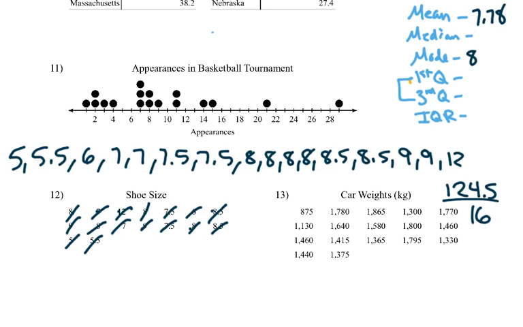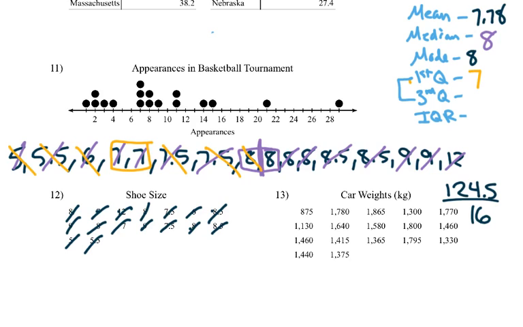Okay, then our median, we start finding the middle. And we get 8 and 8, so our median is 8. Then for our first quartile, take that lower half, 7 and 7, so it's 7.